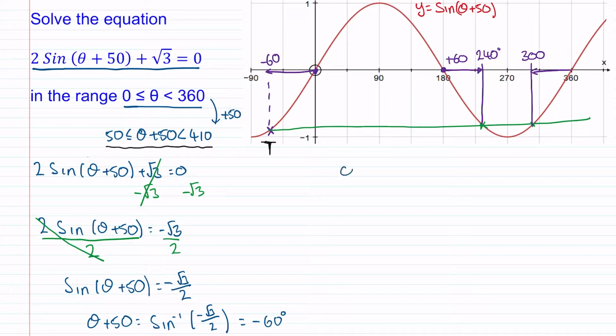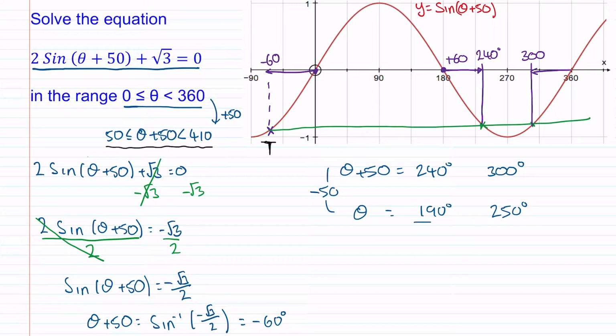So now, theta plus 50 has 2 solutions at 240 degrees and 300 degrees. To work out theta, we'll take away 50 from both, and we get 190 degrees and 250. So these are our 2 solutions.